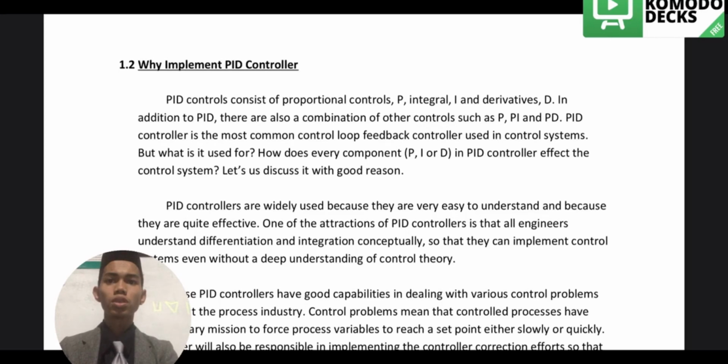PID controllers are widely used because they are very easy to understand and because they are quite effective. One of the attractions of PID controllers is that all engineers understand differentiation and integration conceptually, so they can implement control systems even without a deep understanding of control theory.